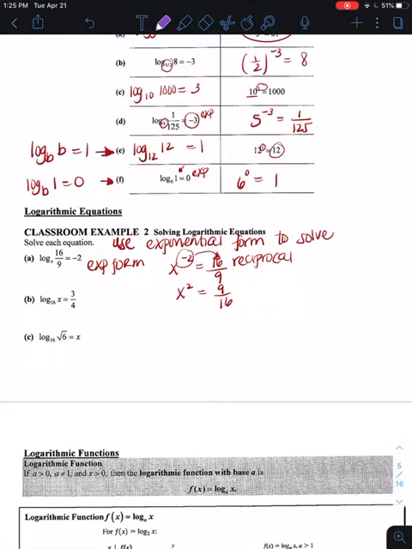I'm trying to get x by itself, so I'm going to take the square root of both sides. When you're taking the square root of a fraction, you take the square root of the top number and the bottom number. Normally, I would put plus or minus signs, but the base of a logarithm can never be negative. So my answer is x equals 3 over 4. So 3 over 4 raised to the negative 2 power will give me 16 over 9.